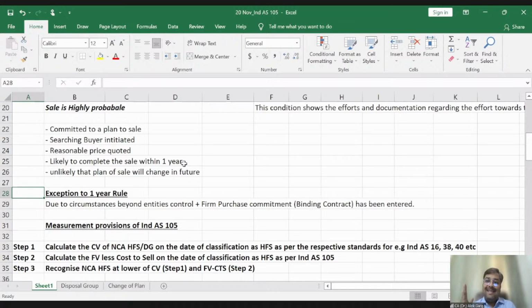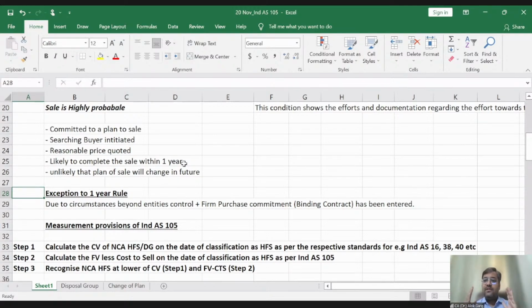If the sale extends beyond 1 year due to circumstances beyond the entity's control. Sir, what could those circumstances be? For example, if the buyer or a third party has imposed some conditions, or there are uncertain circumstances like natural calamities, like COVID, right?